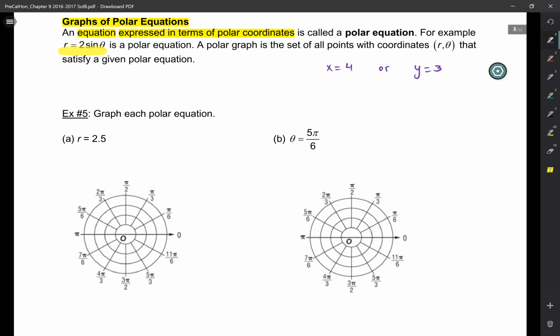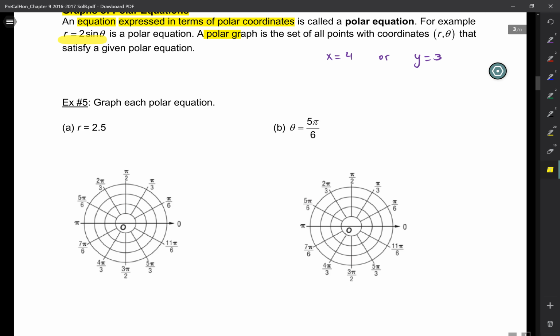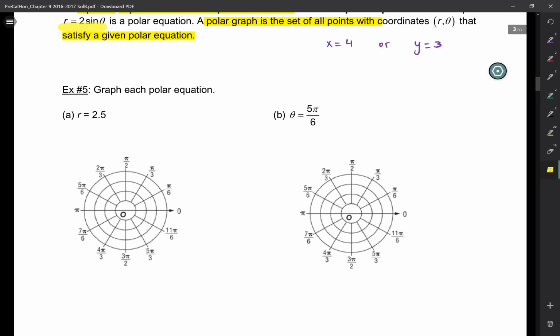So here, we're gonna graph each polar equation. So look, a polar graph is the set of all points that satisfy a given equation, right? So look, let's plot a point that satisfies this equation, r equals 2.5. So let's see, 1, 2, 2.5. Would that be one that satisfies that equation? Yes, totally.